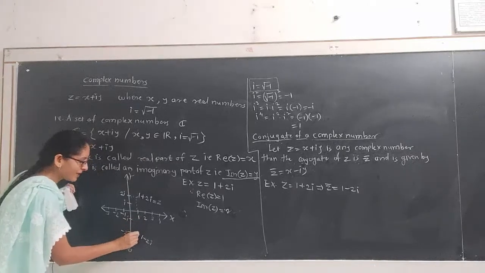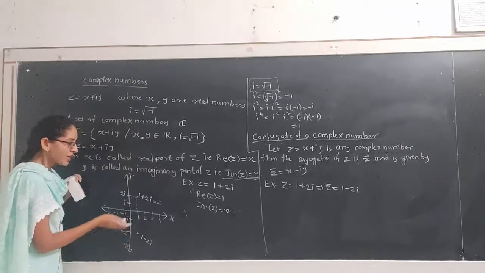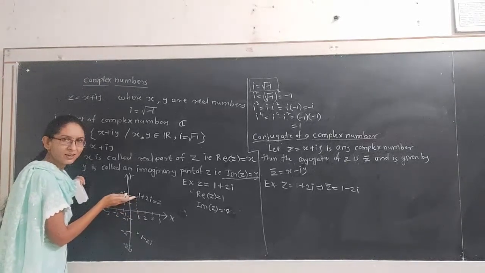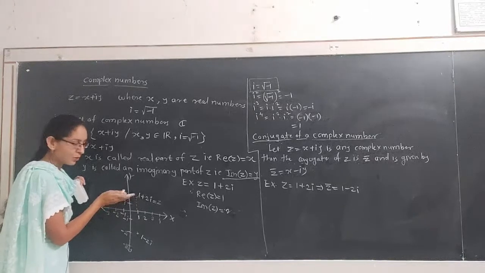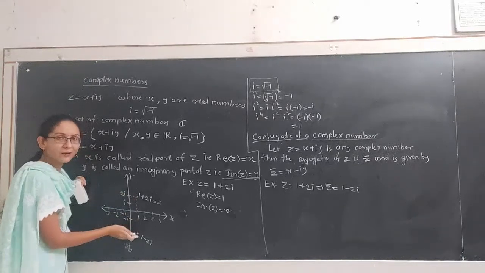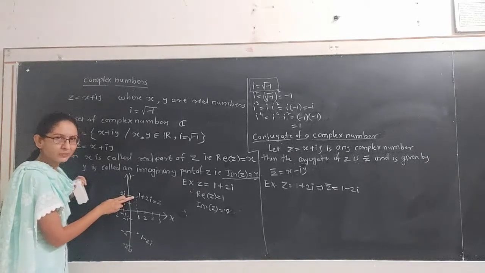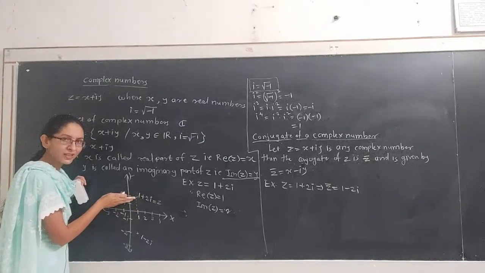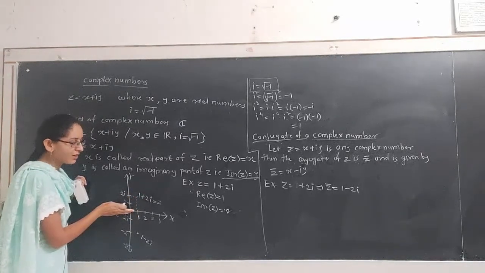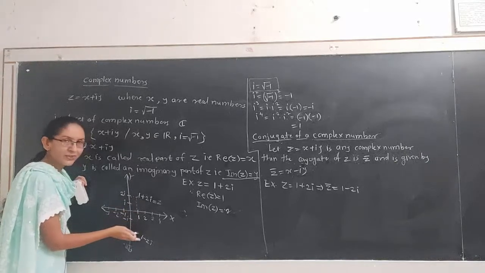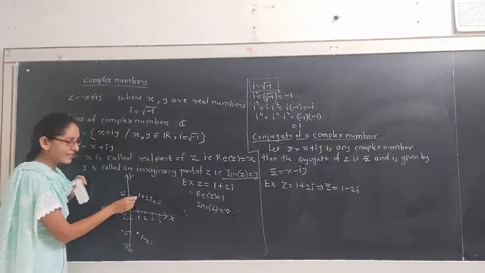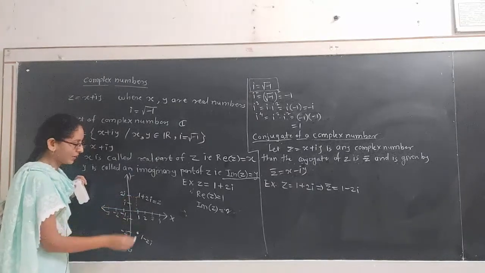This means, if you have a complex number z on the upper side of the x-axis, then you get its complex conjugate on the opposite side of the x-axis at the same distance as the previous complex number. If you have the complex number 1 plus 2i in the first quadrant, then its conjugate lies on the opposite side of the x-axis at the same distance as z.